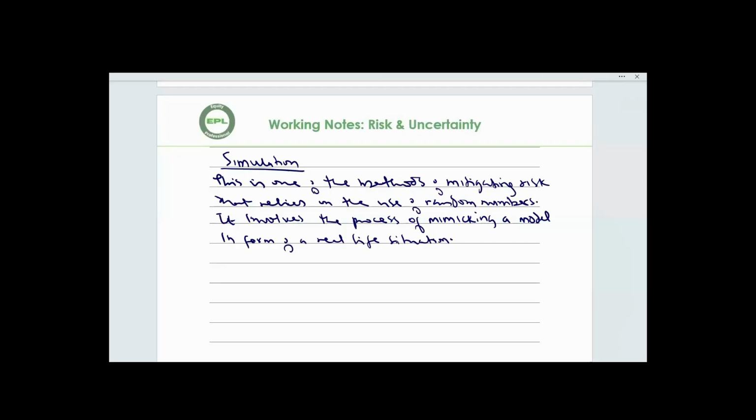Oftentimes, for some of you that work with a company that operates from a high-rise building, all those skyscrapers, you will notice that almost every year you conduct a drill exercise whereby you simulate.